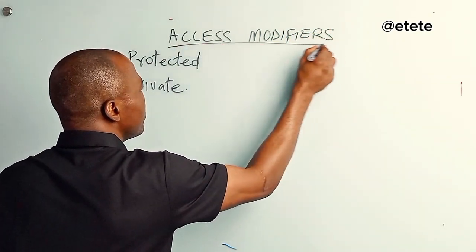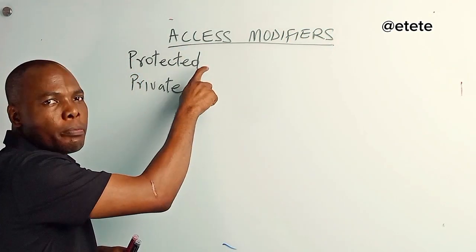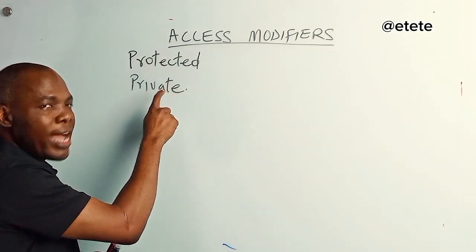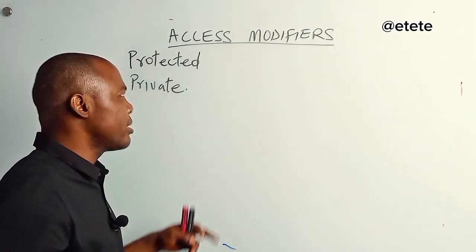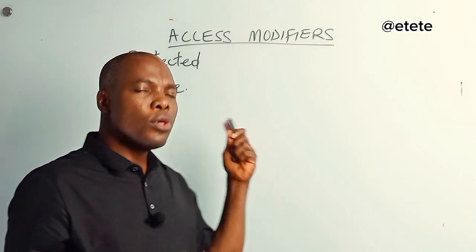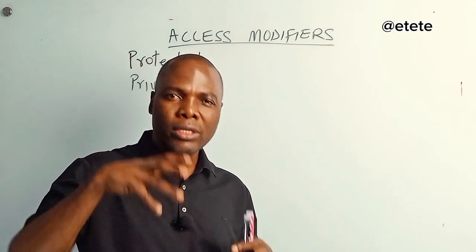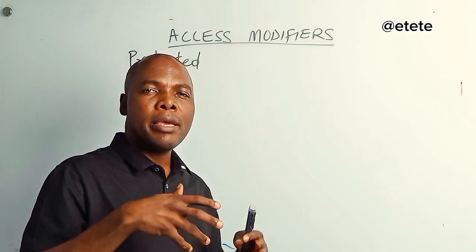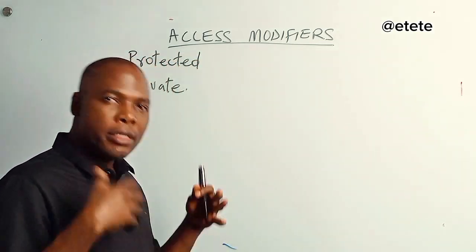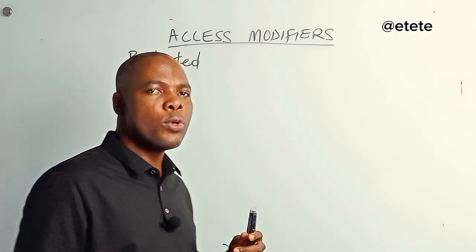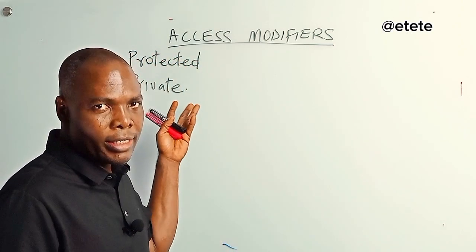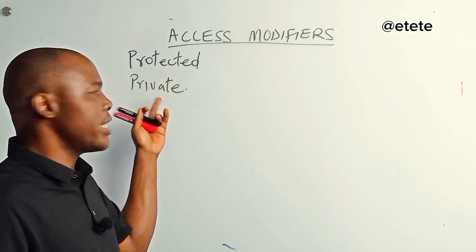This is what we are looking at. How then does Python represent this and this in the script? Even though you have something to do that, they are just conventions. They are not actually implementing it, right? There is still a way for you to go around them. But let's still see how Python implements this protected and the private.